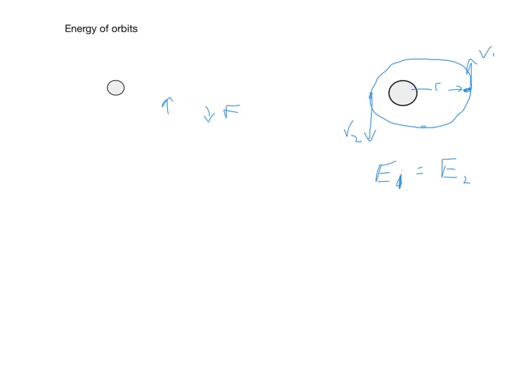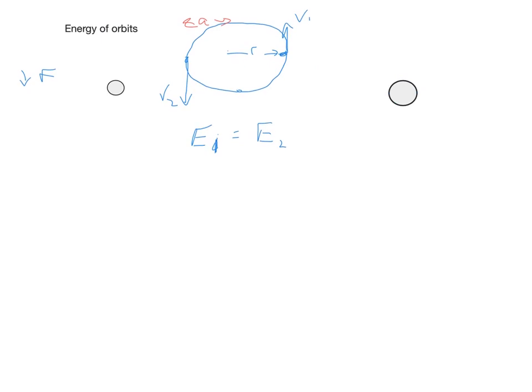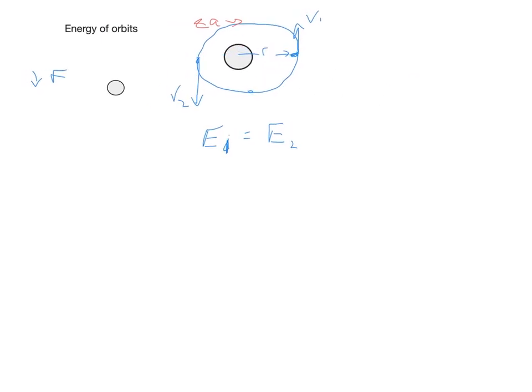All right, so point 2, the object is closer, so we'll call that distance A. And if the energy at point 1, you'll have 1/2 mv1 squared.